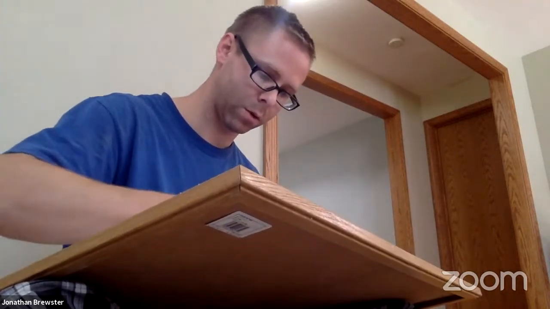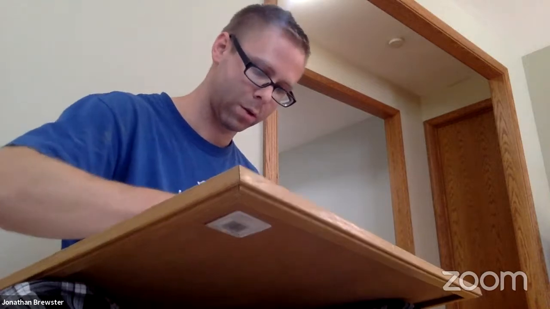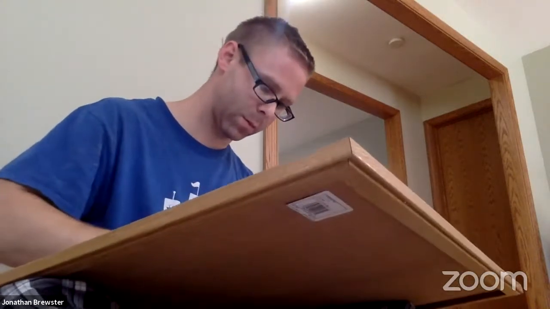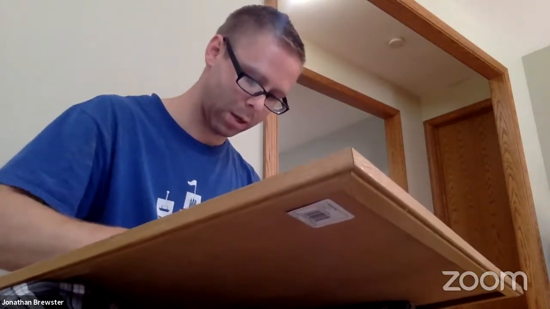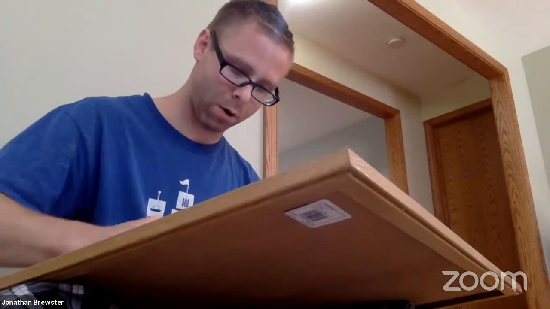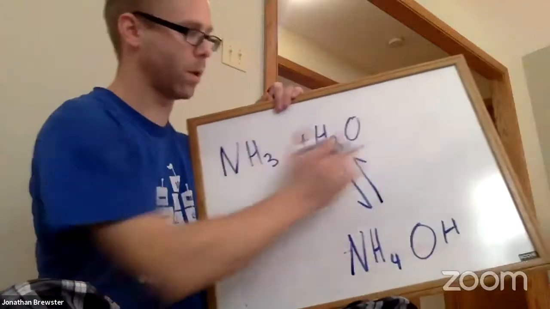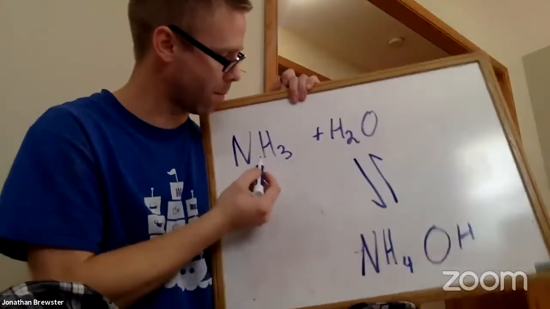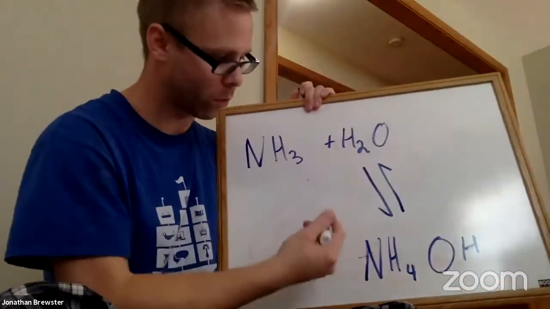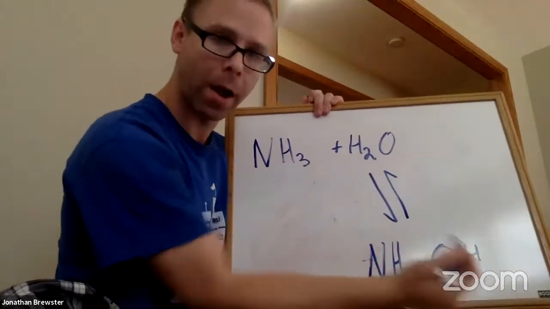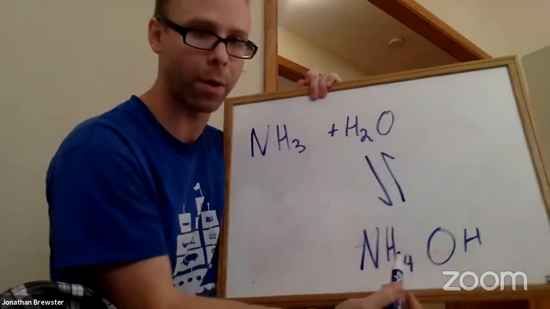NH3 plus H2O will go to NH4OH. I ran out of space, I can't really go horizontally, but ammonia plus water is going to give you ammonium hydroxide. So in lab, we were using ammonium hydroxide.